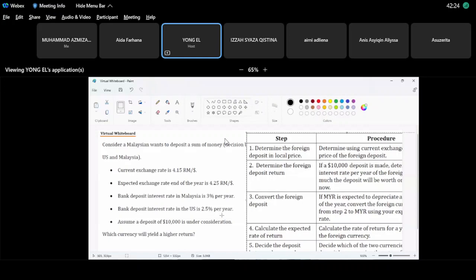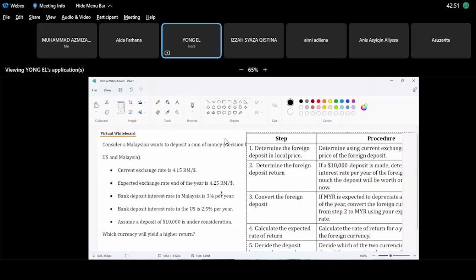This is what you will earn if you deposit your money in the foreign bank account. After 1 year, when the interest matures, you get the interest return. You can also consider depositing money in a Malaysian bank account, and the offer is 3% per year. 3% per year is what you will earn at the end of the year.